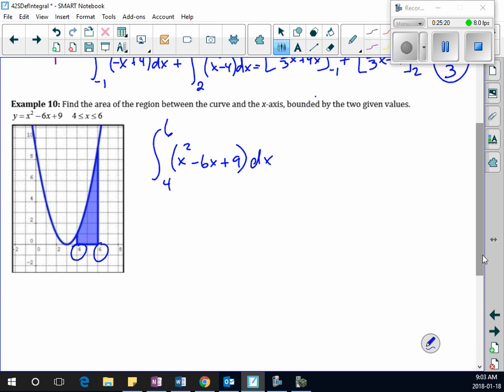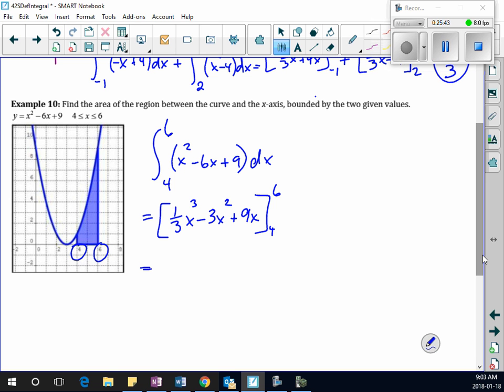So pause the video and see if you can come up with the answer. So the antiderivative would be 1/3 x cubed minus 3x squared plus 9x from 4 to 6.